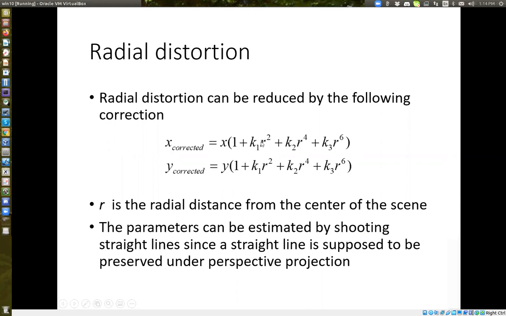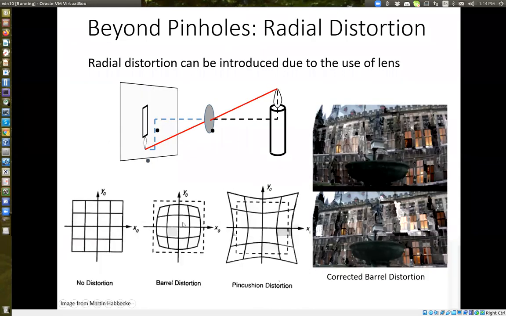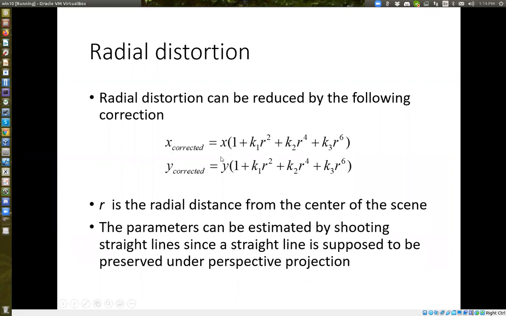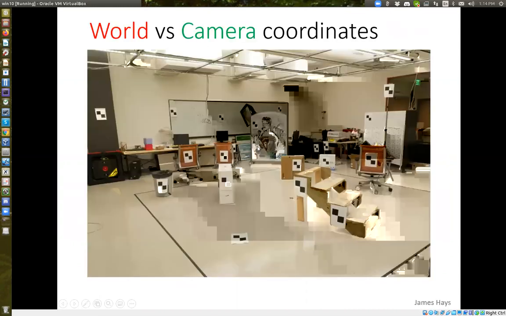This R is the distance of your pixel in the sensor from the center of the sensor. Of course, you need to figure out this K1, K2, and K3, which you can find with some calibration.